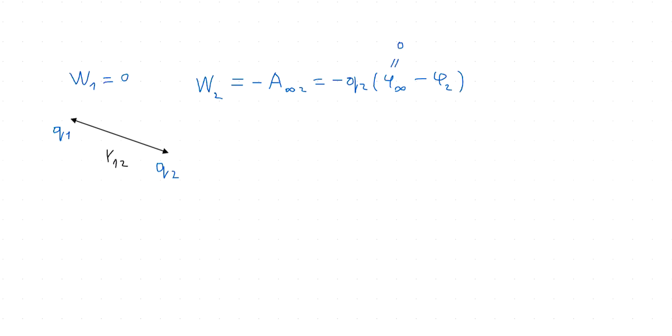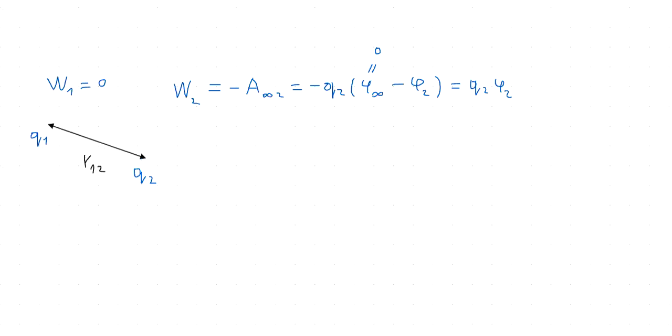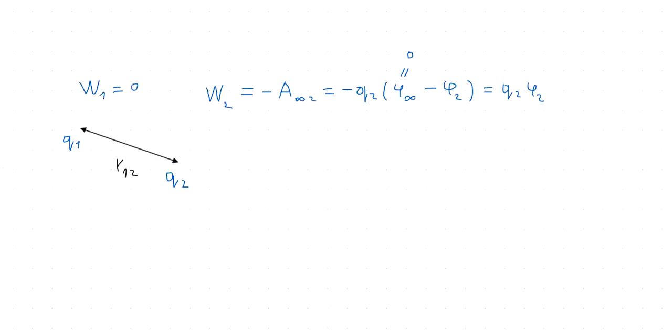And so we have that it will be Q2 multiplied by Phi2. So this is the potential energy of the system of these two charges.